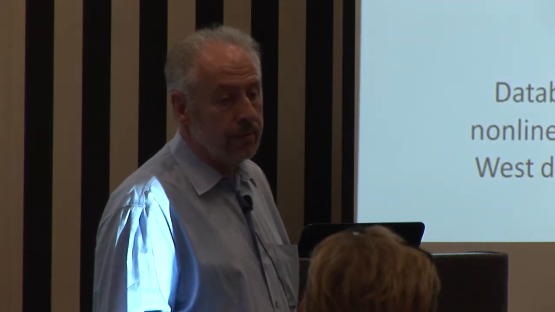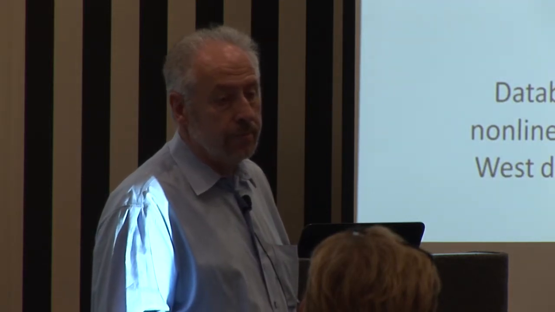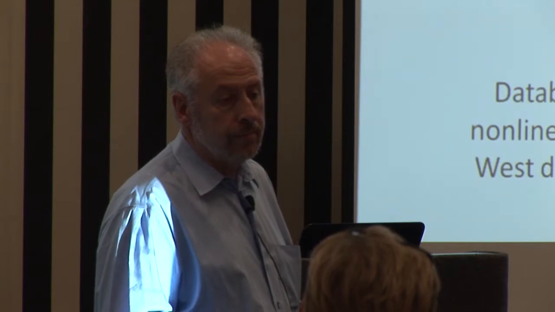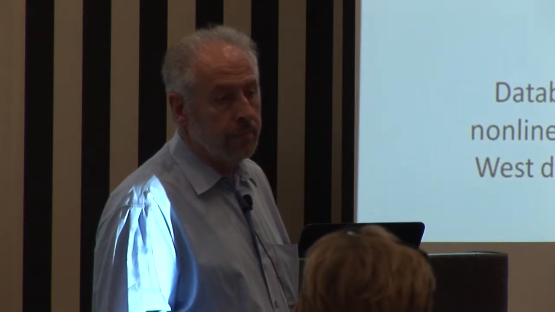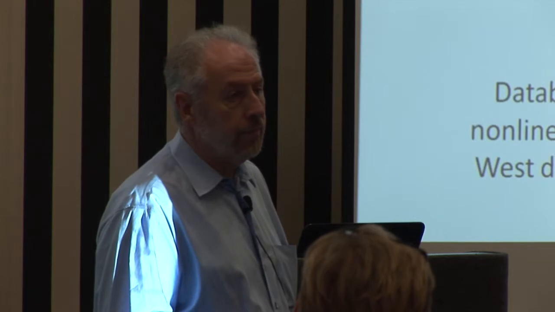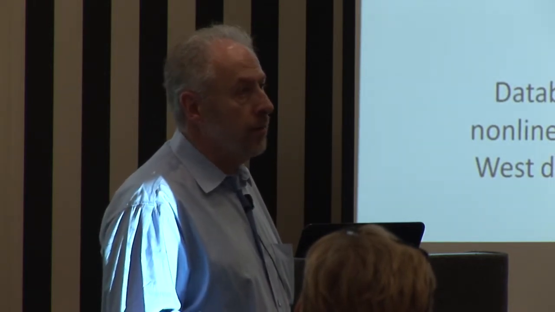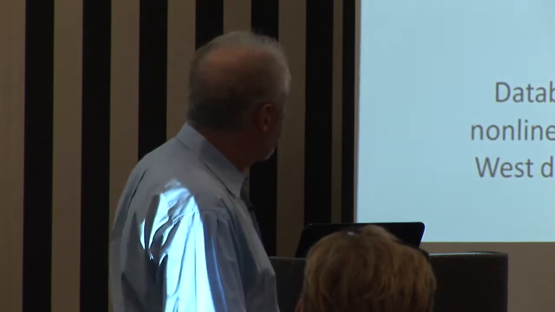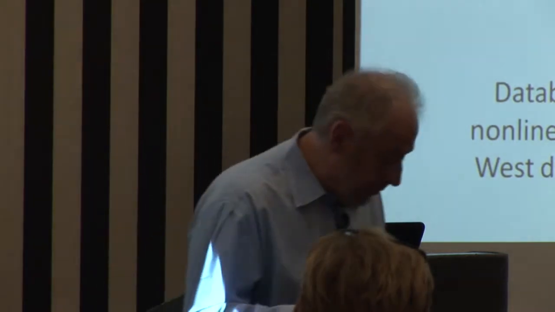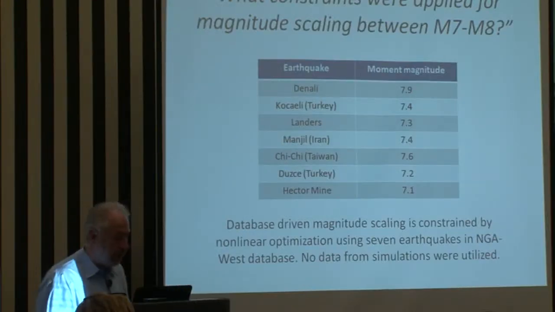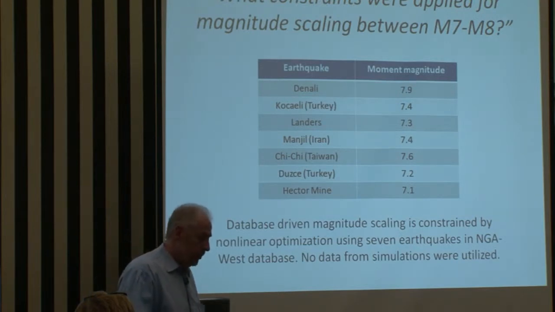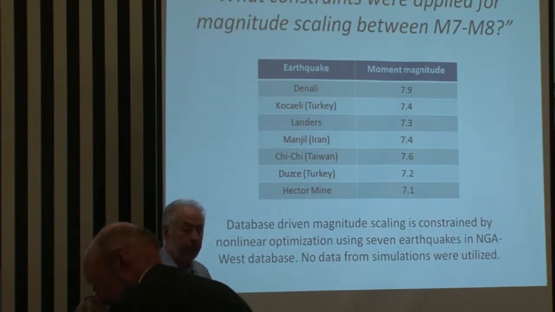I think our question here is, did you apply any other constraint on how it's scaled other than empirically fitting these earthquakes? Did you say it must increase with magnitude, something like that? Oh, okay. Yes, we stayed with the idea that we heard at previous NGA models that there is a magnitude saturation.